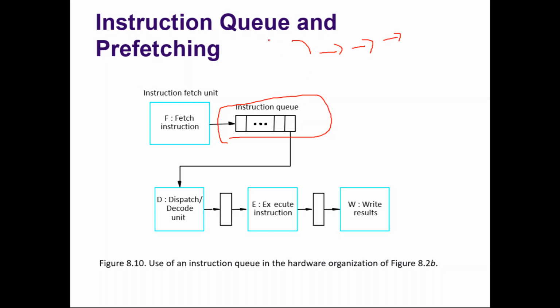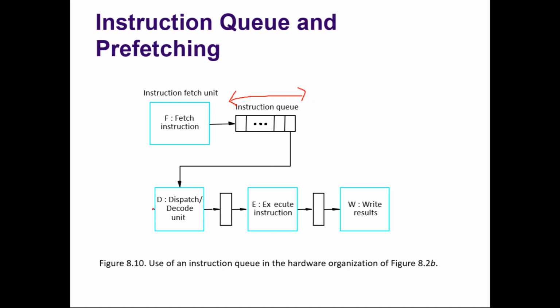Every time the fetch unit should fetch an instruction from the cache. But instead, what we can do is maintain an instruction queue, right? The job of the fetch unit is to just fetch the instruction and keep it in the instruction queue. It need not bother about the dispatch unit.